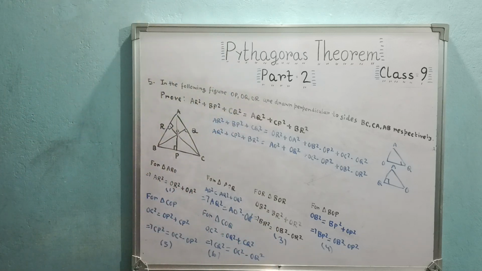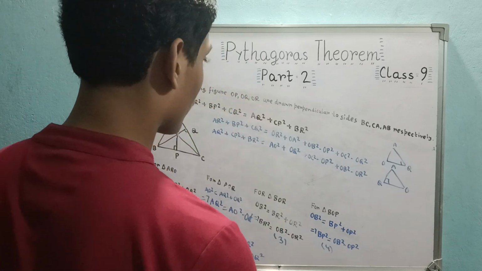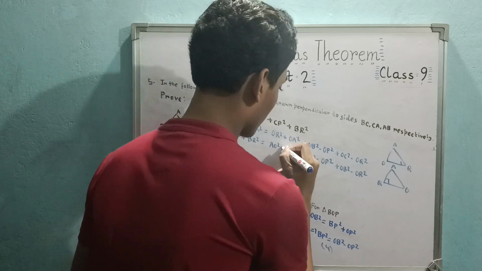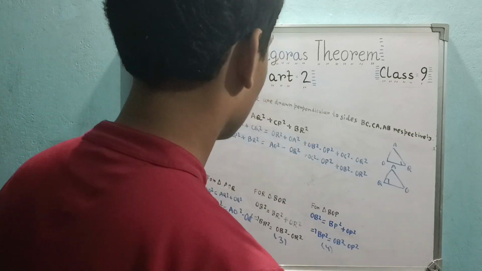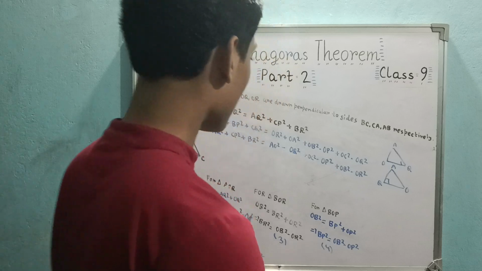And similarly here, AQ square, AO square minus OQ square. Okay, and I think that's all right.